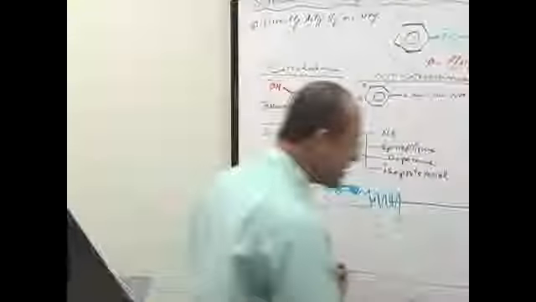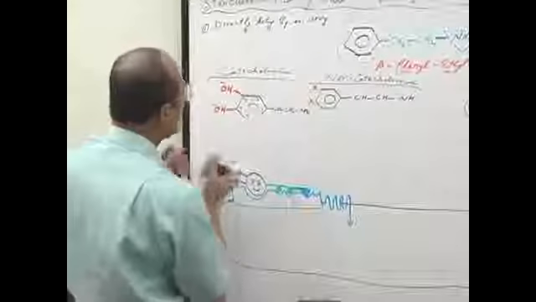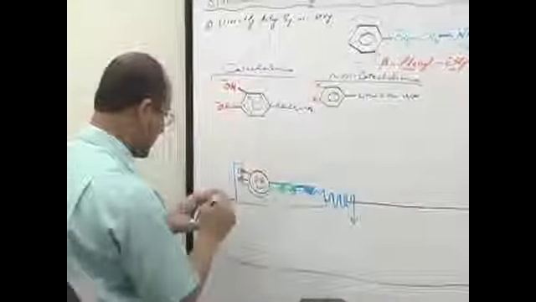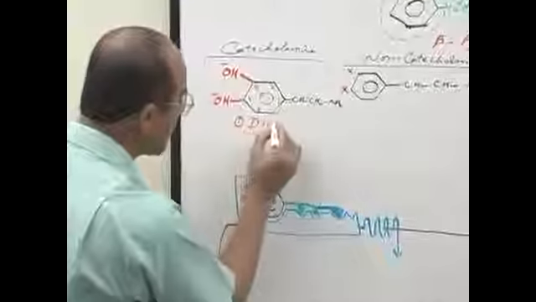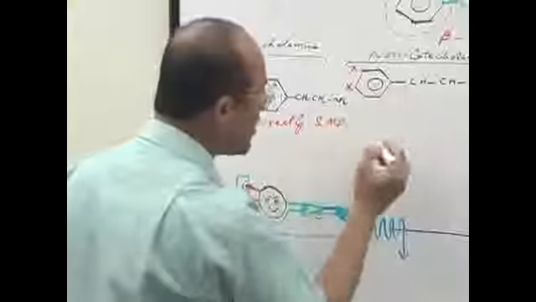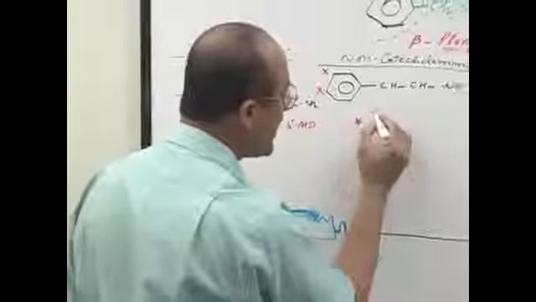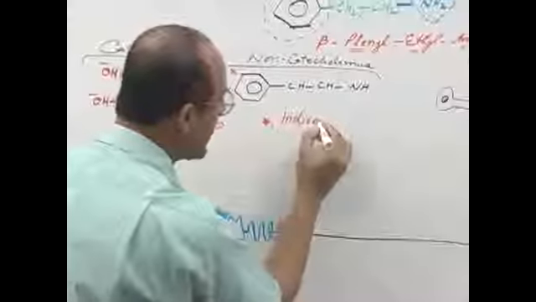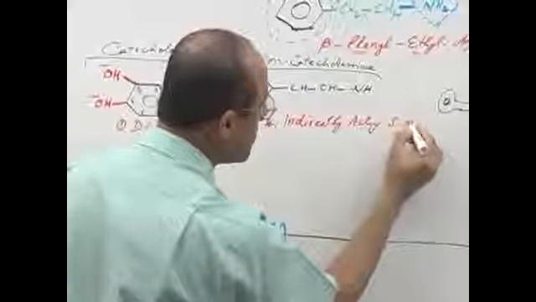So catecholamines are, you need to tell me, catecholamines are directly acting sympathomimetic drugs. I will write here, these are directly acting sympathomimetic drugs. And non-catecholamines are mainly indirectly acting sympathomimetic drugs.